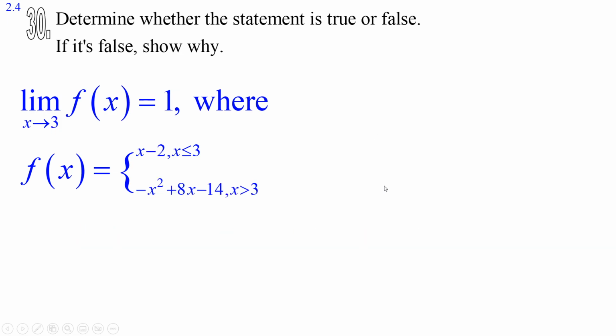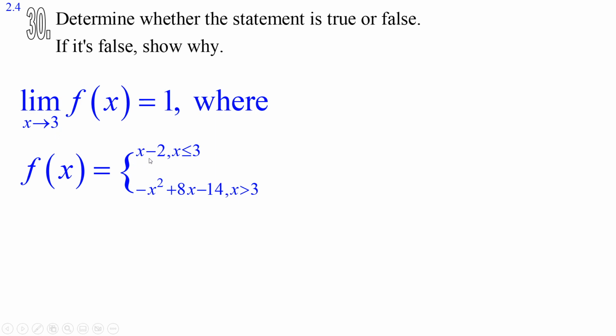Okay? And now 30. The limit of f of x equals 1, which is constant, as x approaches 3, where f of x is x minus 2 when x is less than or equal to 3, and negative x squared plus 8x minus 14 when x is greater than 3. So this one I bet is going to be true. Let's just try direct substitution here.